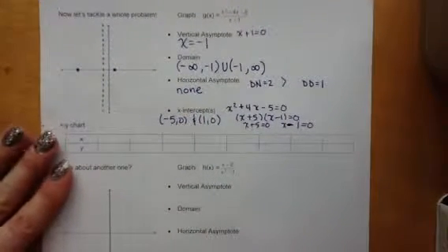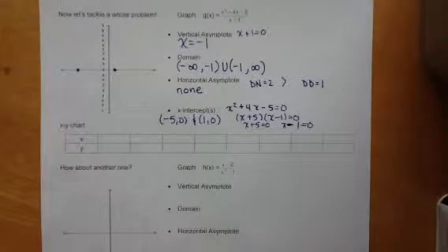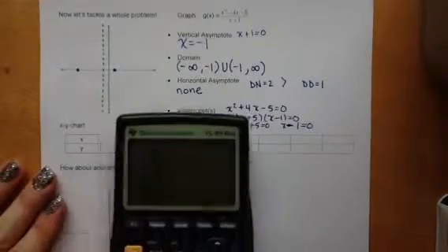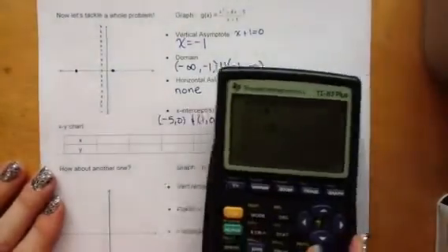And then I want to make an XY chart using my graphing calculator. So let me grab that real quick. If you don't have a graphing calculator, you can always calculate these by hand. But I'm going to use my graphing calculator.